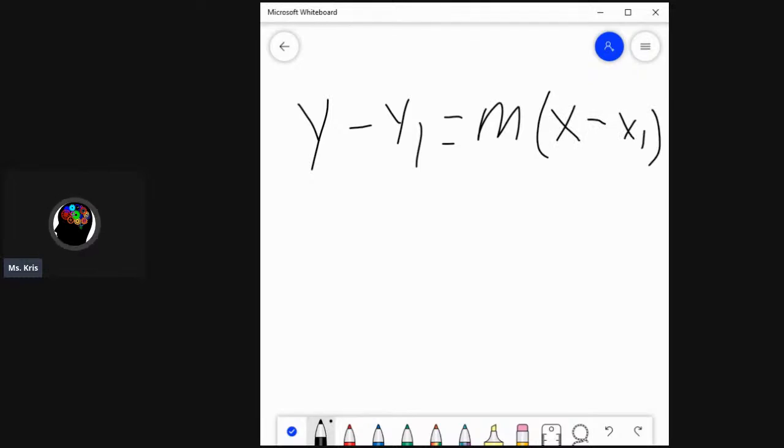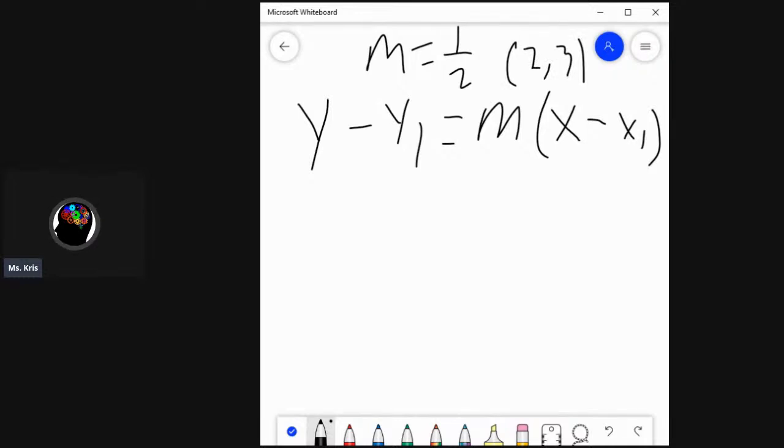Now you will make this when you have a slope and you have a coordinate point, such as if my slope, which is m, equals 1/2, and my point is 2, 3.